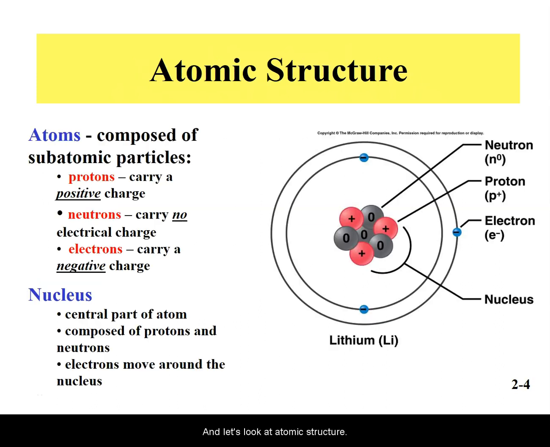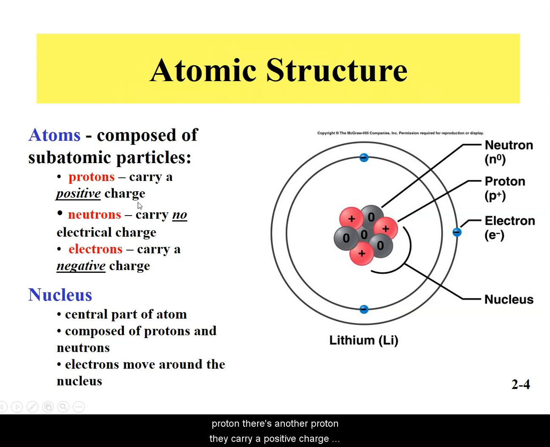And let's look at atomic structure. The atoms are composed of subatomic particles. In the nucleus of the atom, this area right here, we have protons. There's another proton. There's another proton.